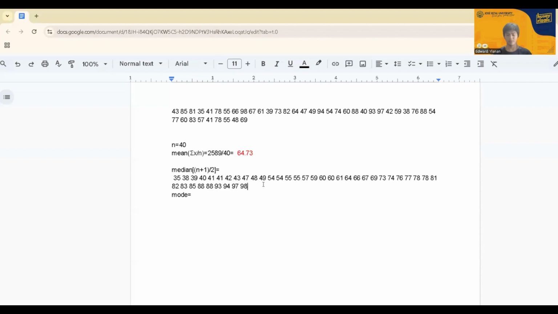Next is median. First we will sort this data into ascending order. This is our sorted data in ascending order.